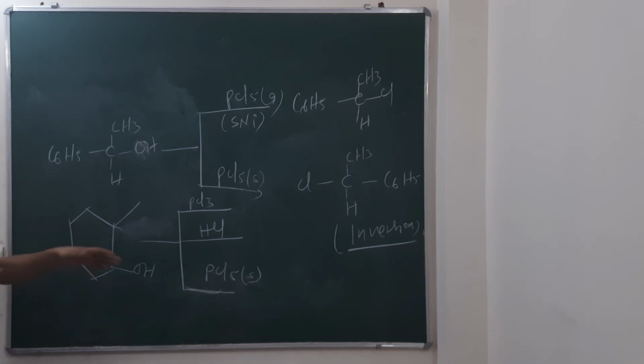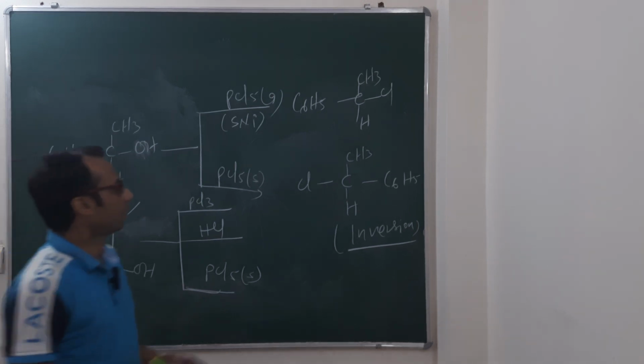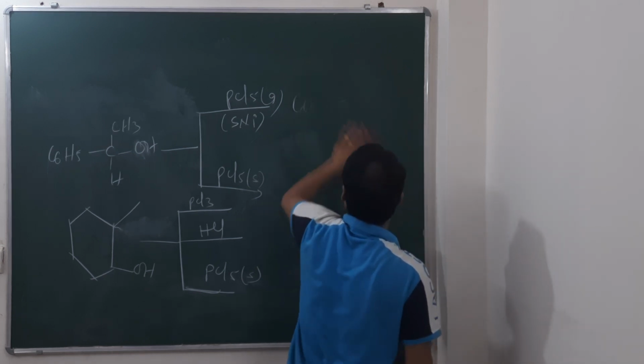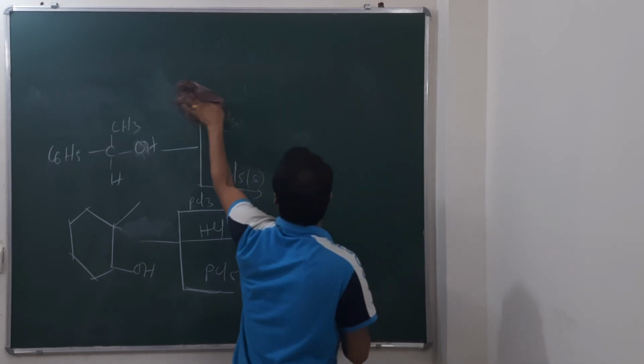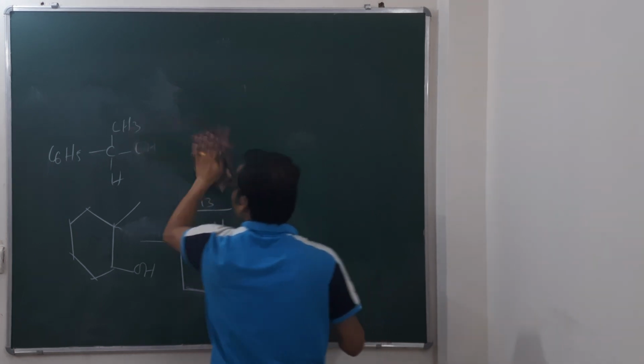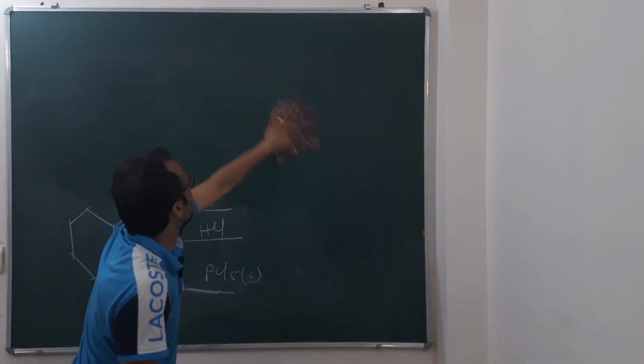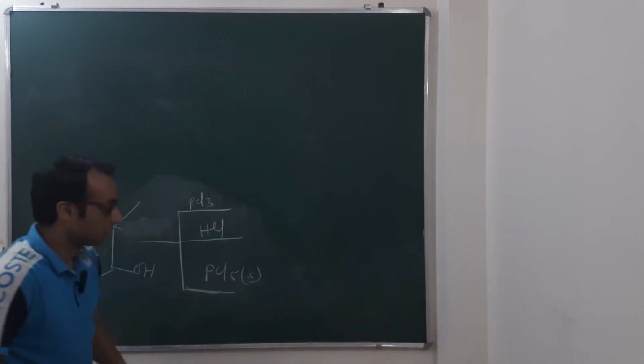Tell me what product will form. Just think and try to solve what product will form. PCl3, HCl and PCl5 I have taken here. Tell me what product will form. Okay, done? Okay, now understand.